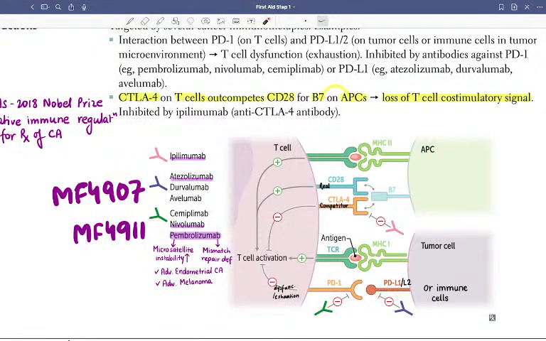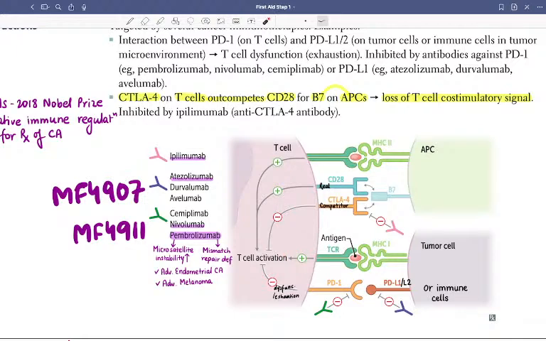Now T cell dysfunction or exhaustion. When this APC interacts with this, it causes T cell dysfunction and exhaustion.